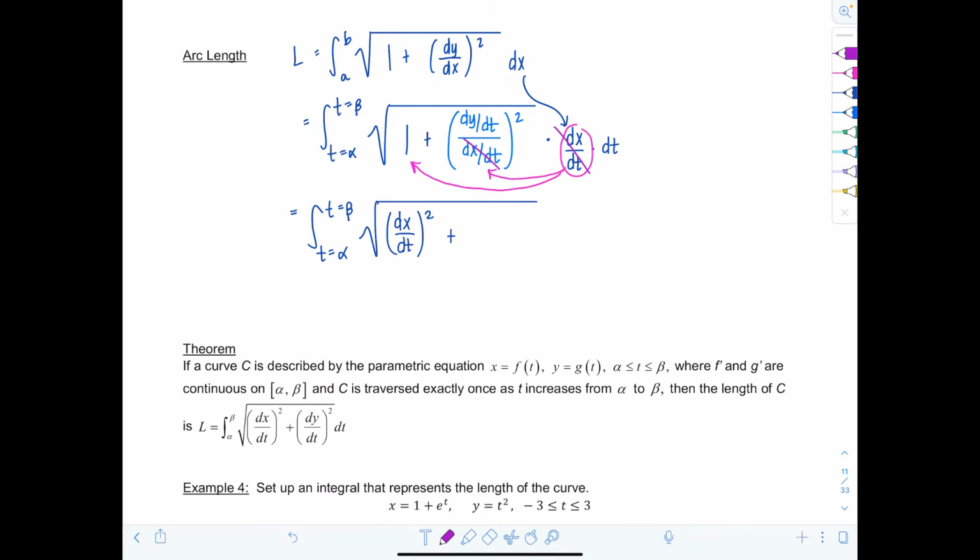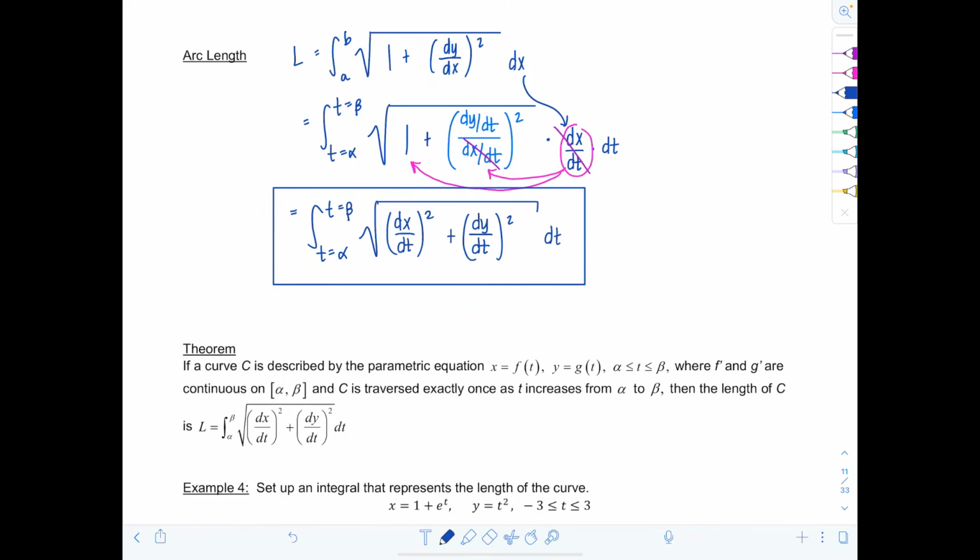With that dx/dt squared in the denominator for the derivative. So all I'll be left with is dy/dt squared and a dt. So that's actually your arc length formula for parametric curves. Isn't it nice? I always liked it a good deal. And this will come back if you have to take multivariable calculus. So don't forget it.